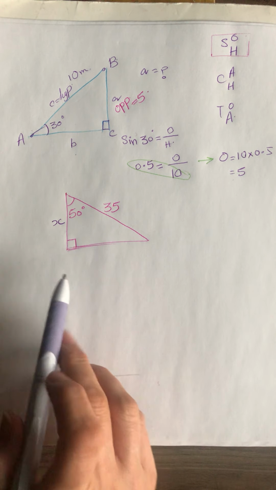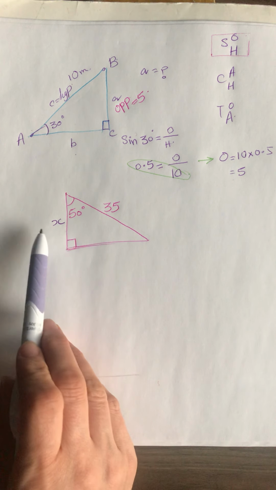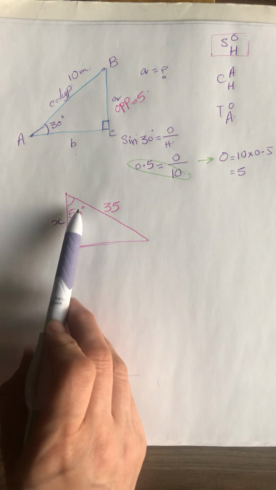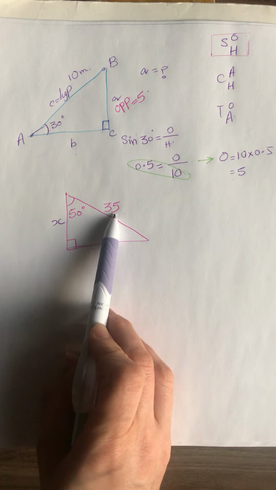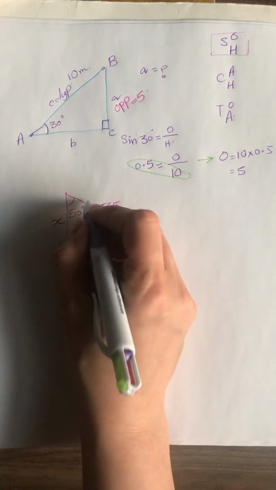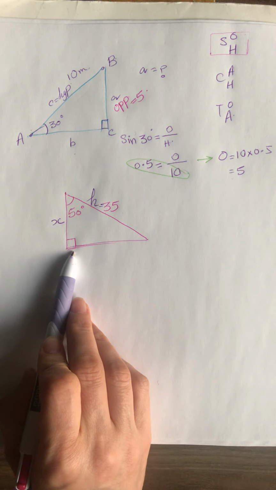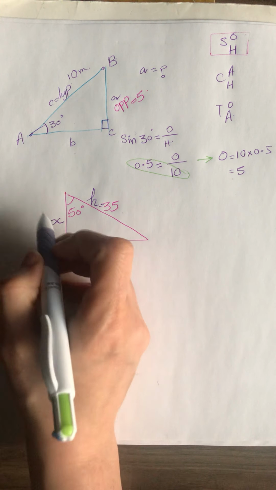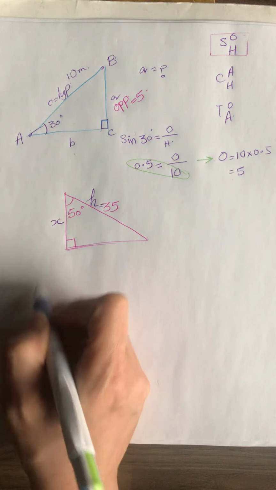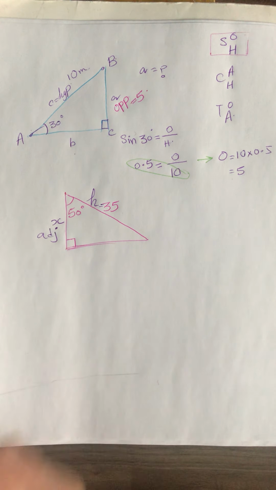First step, I'm going to label the one that I have and the one that I'm looking for. If this is 50, what is that? Yes, that's hypotenuse. How do I know? Because the hypotenuse is always opposite to 90 degrees. If that's 50, what is x? X is going to be my adjacent.